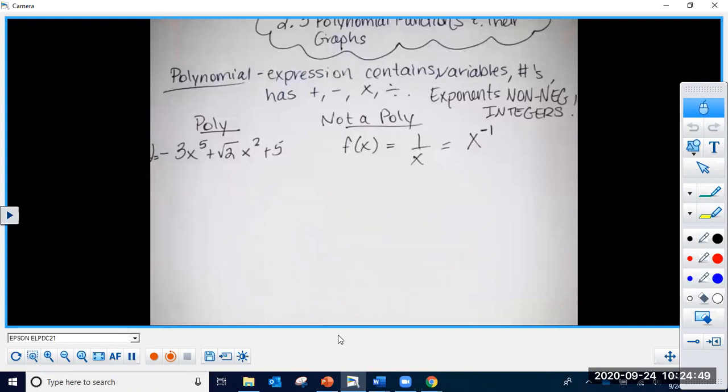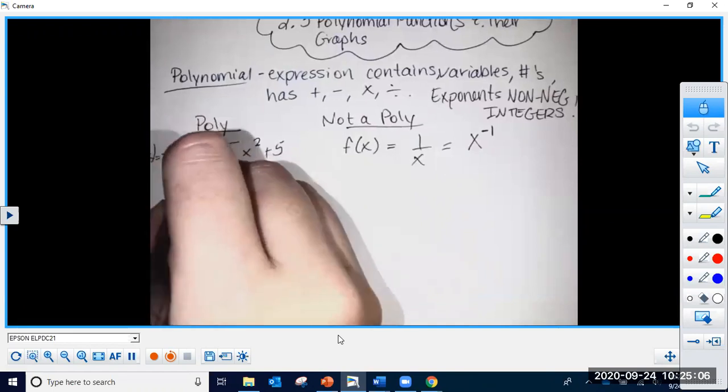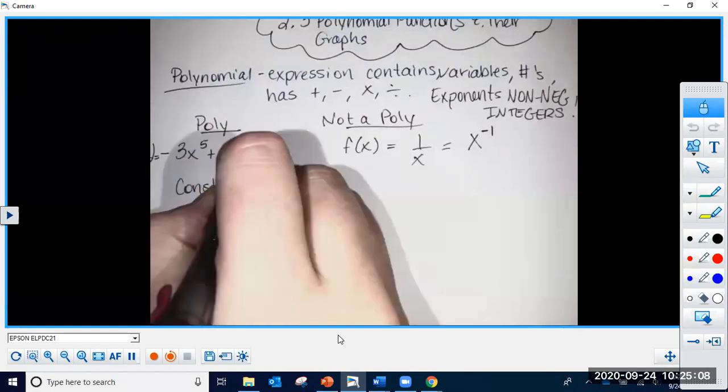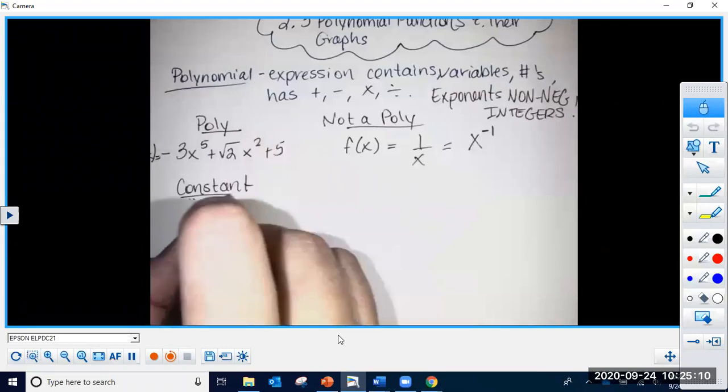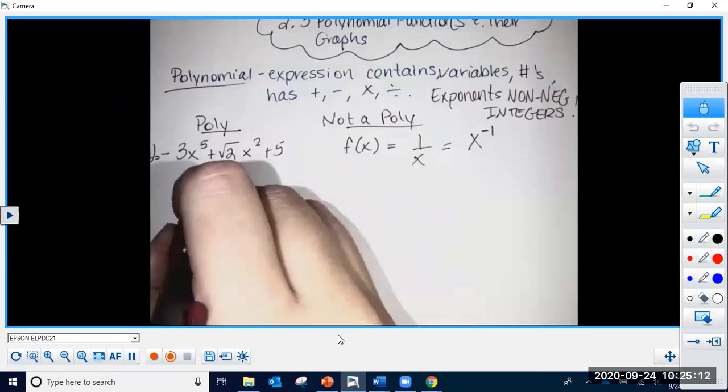Okay, another thing that is discussed with polynomials is exactly like what type they are. The most common polynomials that you've probably worked with are linear or quadratic kind. So what makes a polynomial? A polynomial can simply just be a constant value. It can be linear.